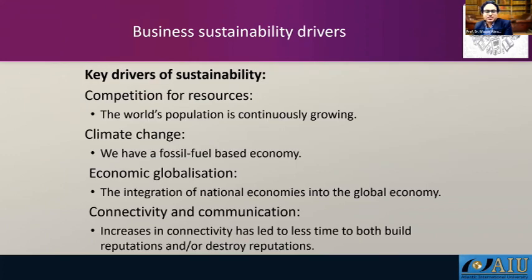Okay, so what are the key drivers of sustainability? I've briefly explained the first two things: the world population is obviously growing. Nowadays, I think it's 12 or 13 billion. A decade ago, it was 7 or 8 billion.